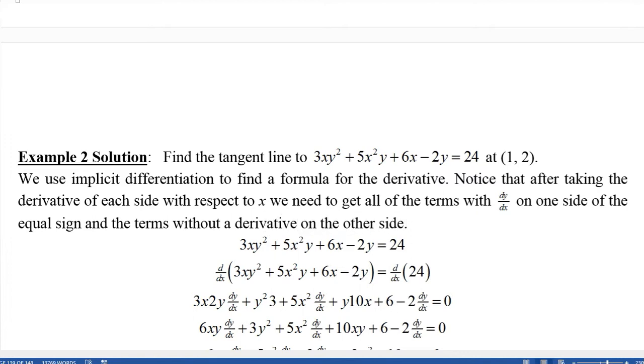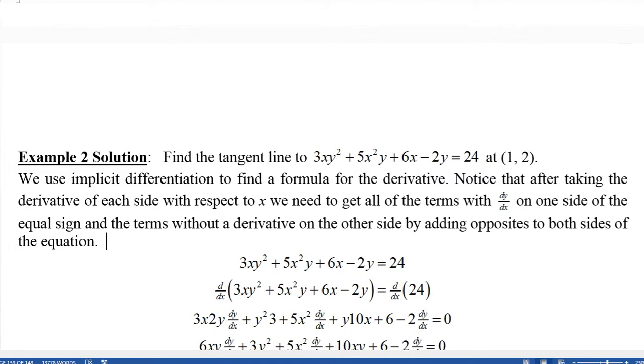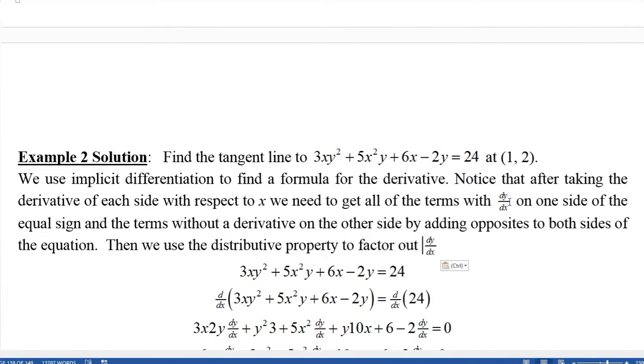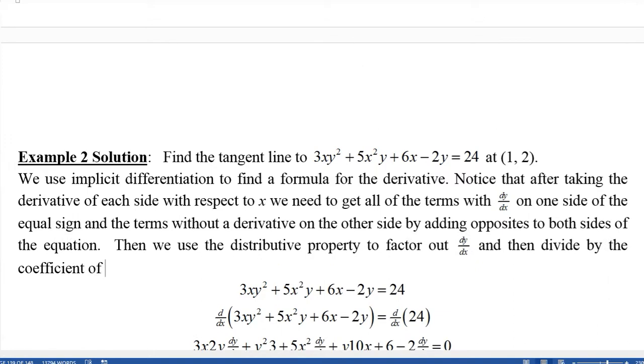And of course we do that by adding opposites to both sides. Then we factor out, we use the distributive property to factor out the derivative, and then divide by the coefficient of dy over dx.